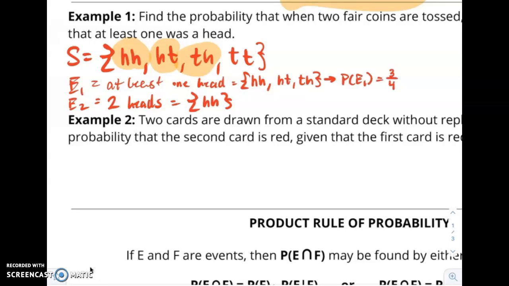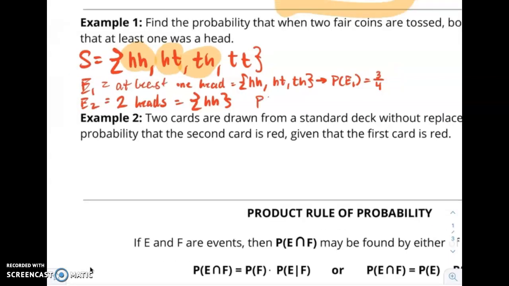Also, if we look at the probability of event 1 and event 2, so that would be both heads happening, so that's heads and heads, then we're going to get 1/4, which is what we can see from event 2, that there's only one outcome out of the 4 that has both heads.